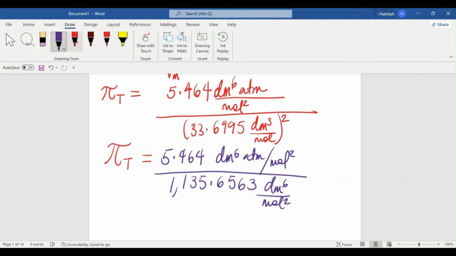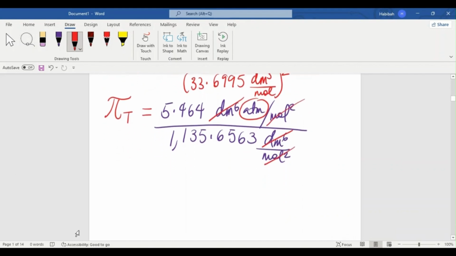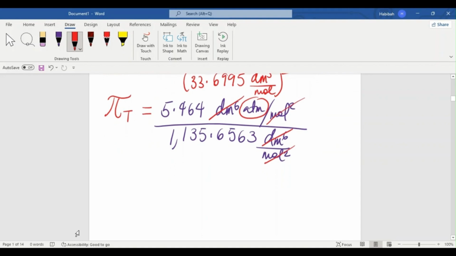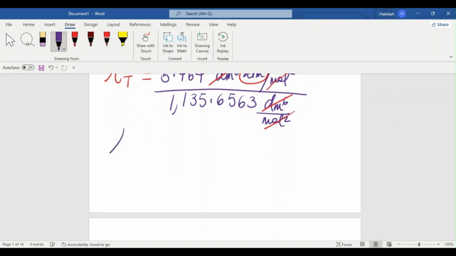The square was there for us to properly cancel out the units and retain the unit of pressure, since we're just determining internal pressure. So dm6 cancels out, mole squared cancels out. So 5.464 atm divided by 1135.6563 would give you the internal pressure of 0.0048113 atm. And of course, this is our answer.